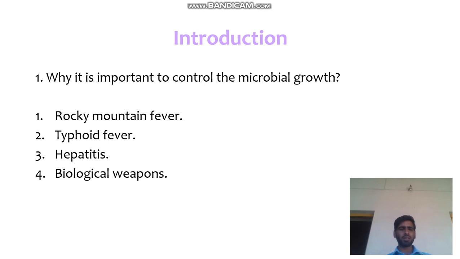And similarly, hepatitis viruses are mainly transmitted when we are working with these viruses within the lab, and unsafe lab techniques are mainly responsible for the transmission of such viruses in the human body.